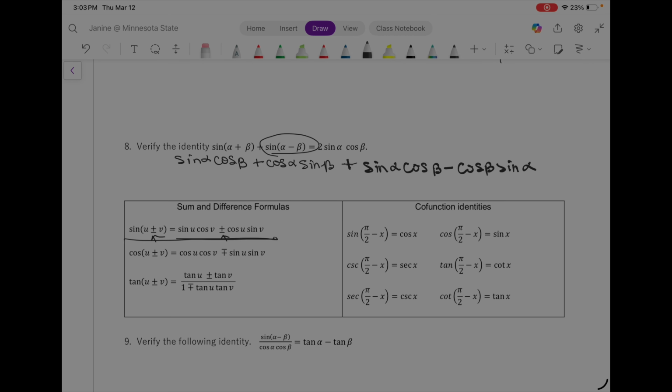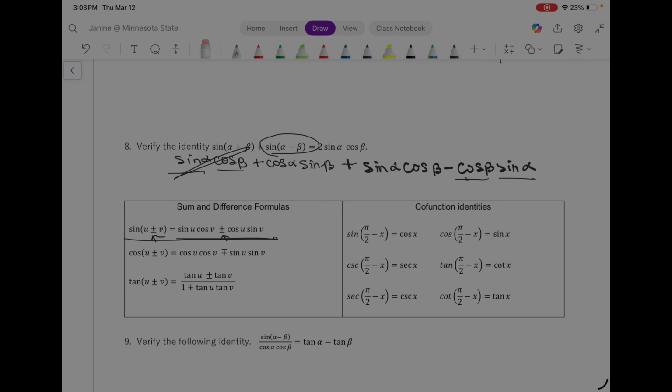Well, if you take a look at this, cosine beta times a sine alpha, that's the same as this. This one's got a positive in front. This one's got a minus in front. They're gone. What's left? A positive. Ooh, do I have a typo? I might have a typo.